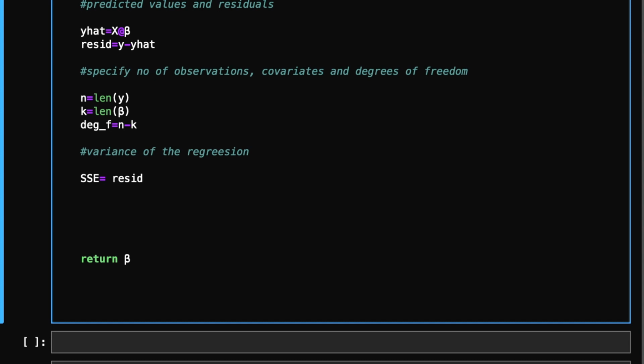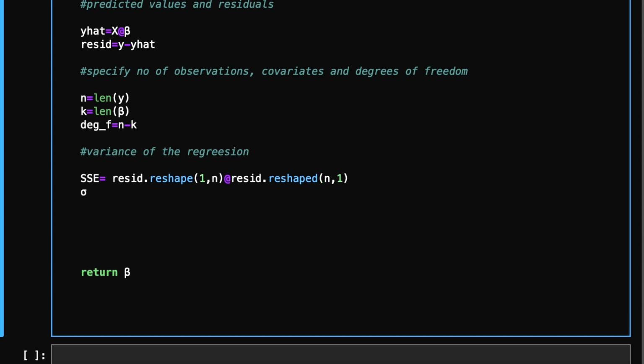I'm going to use the residuals and reshape it into a 1 by n matrix, and matrix multiply it with the same residuals reshaped as an n by 1 matrix. A 1 by n matrix multiplied by an n by 1 matrix will give us a 1 by 1 scalar. So we will get the sum of squared errors.